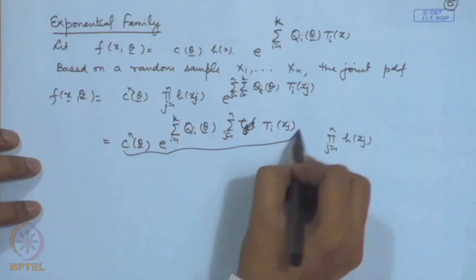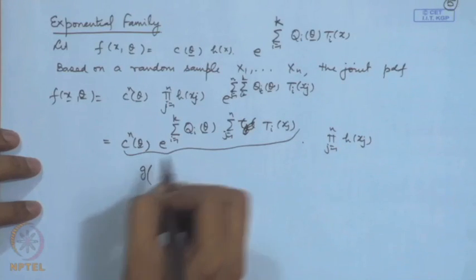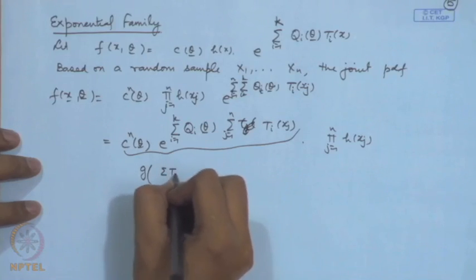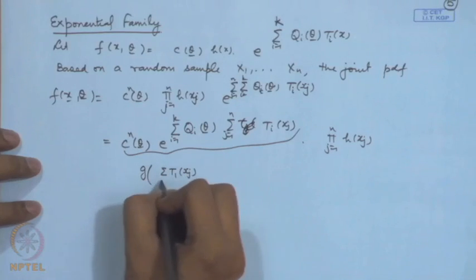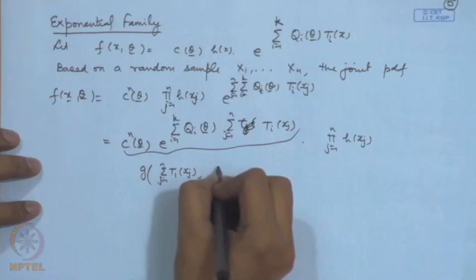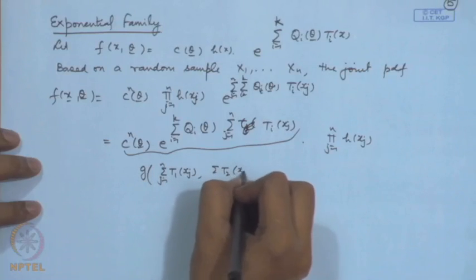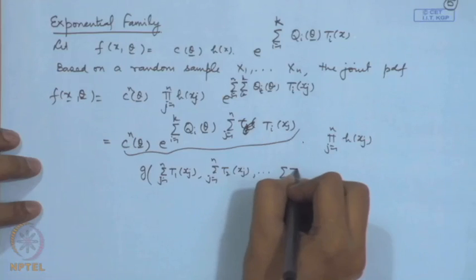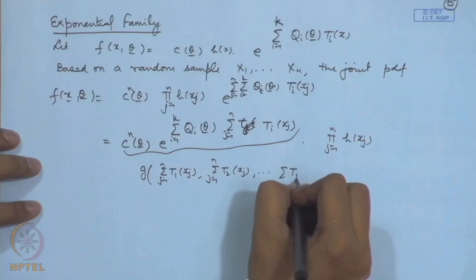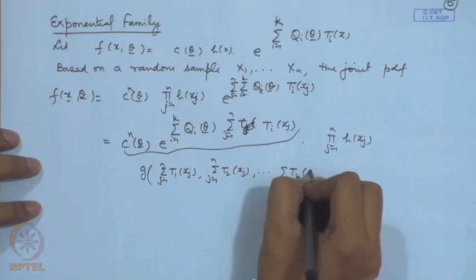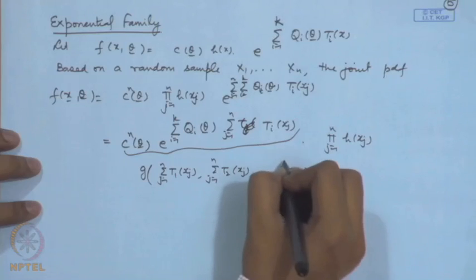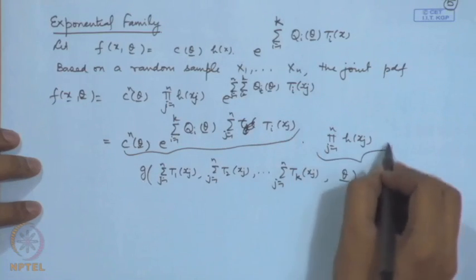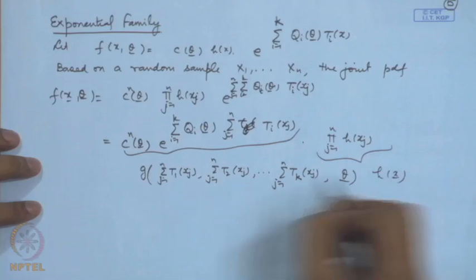So, this part is now a function of sigma t 1 x j, j is equal to 1 to n, sigma t 2 x j, j is equal to 1 to n, and so on, sigma t k x j, j is equal to 1 to n, and the parameter, and this part we can consider as h x.